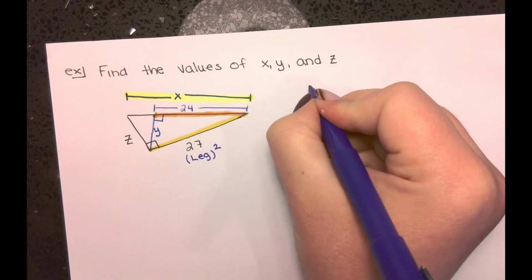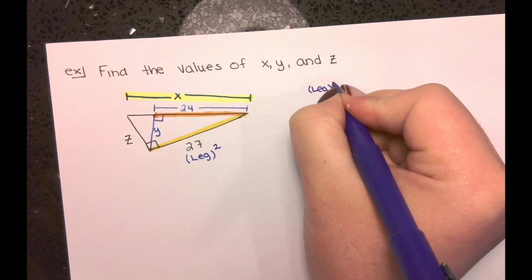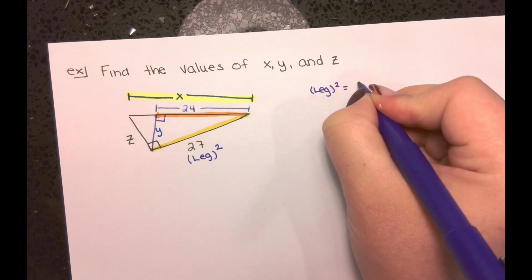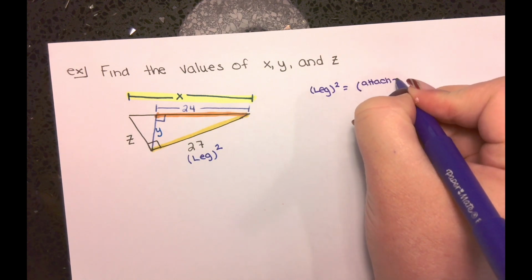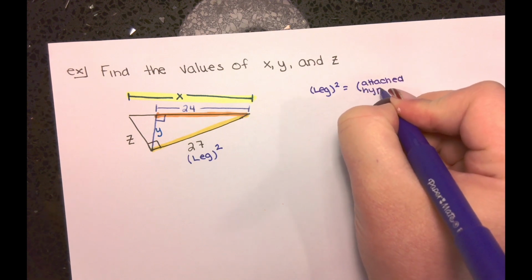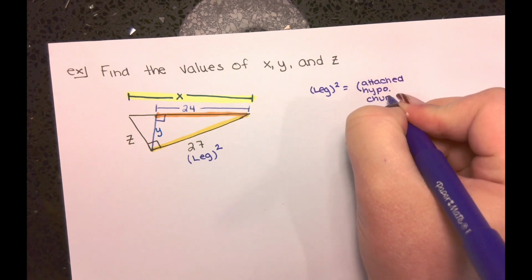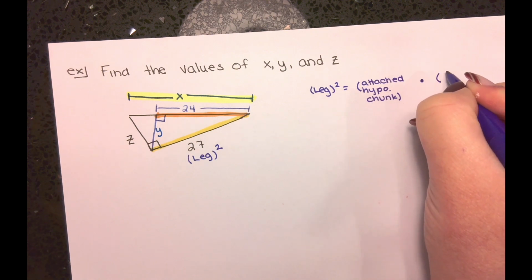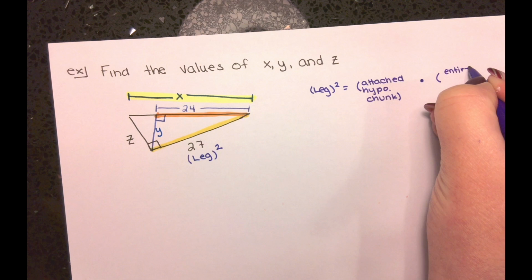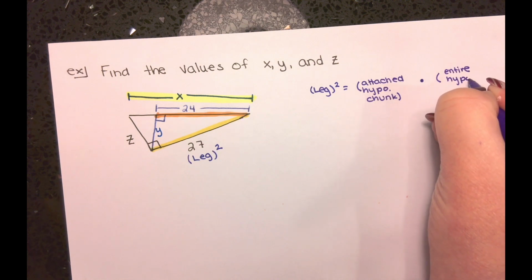We have our leg squared is equal to the attached hypotenuse chunk, again, very mathematical, I say that sarcastically, times the entire hypotenuse.